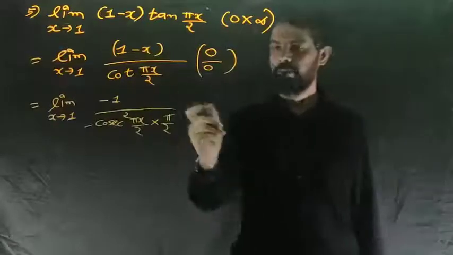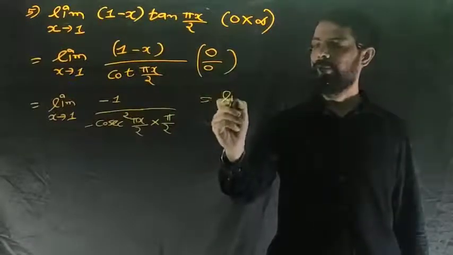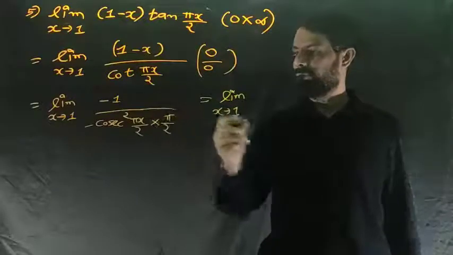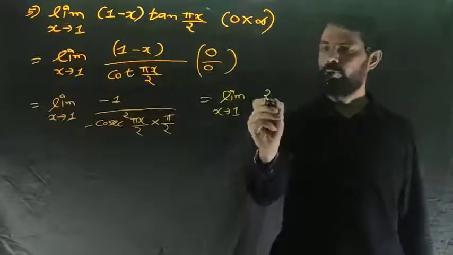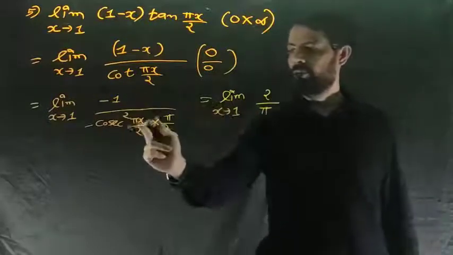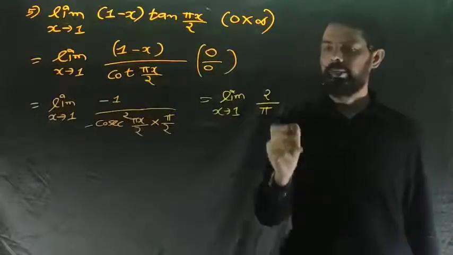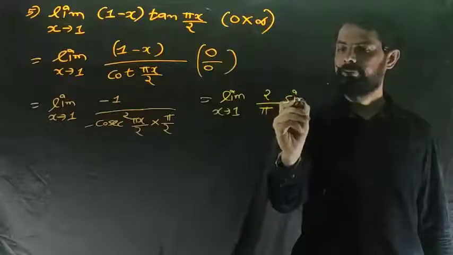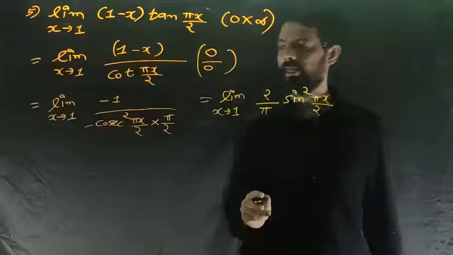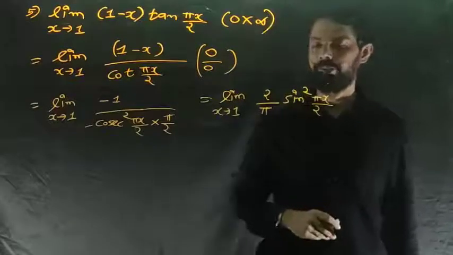So if we simplify this result, then it will be limit x tends to 1. This can be written as 2 divided by pi, and 1 upon cosec square pi x by 2 can be written as sin square pi x by 2, because sin and cosec are reciprocal of each other. Clear?